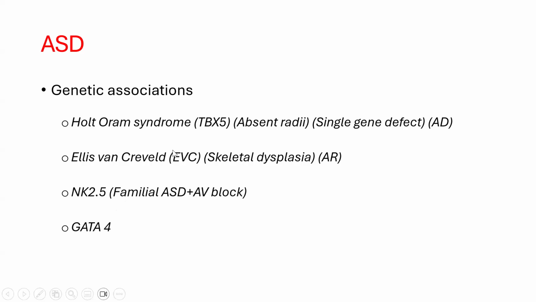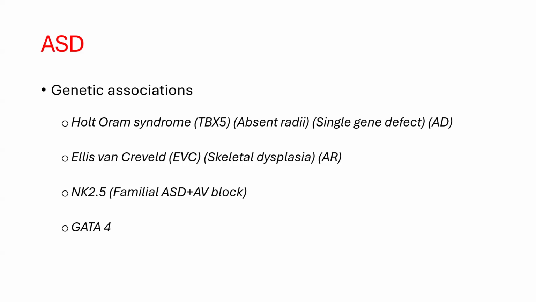So essentially what this slide seeks to point out is that if you diagnose an atrial septal defect, there are a number of things you must look out for. You need to do an examination of the limbs. Okay, all the skeletal portions of the body must be examined because of these two syndromes. In addition, you have to look out for heart blocks as well.